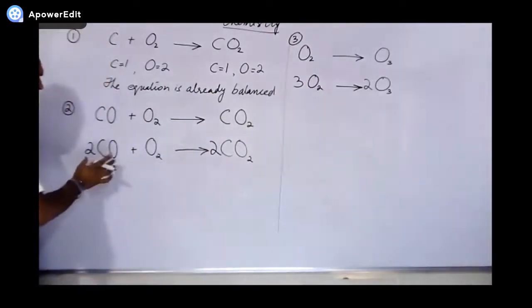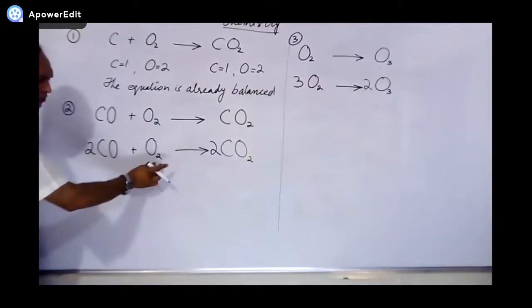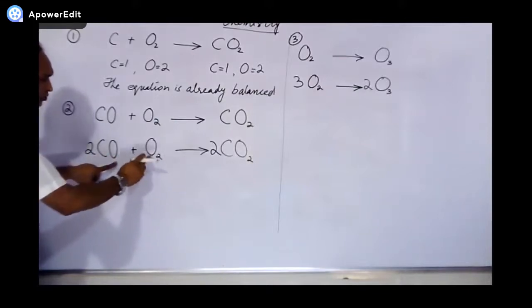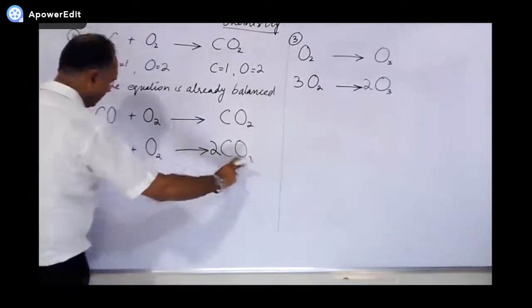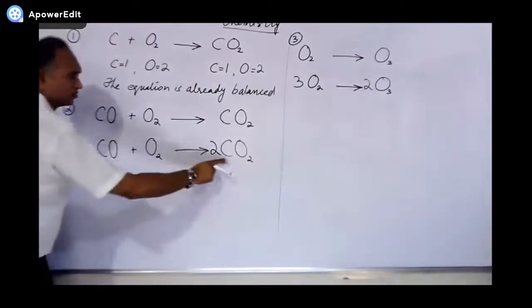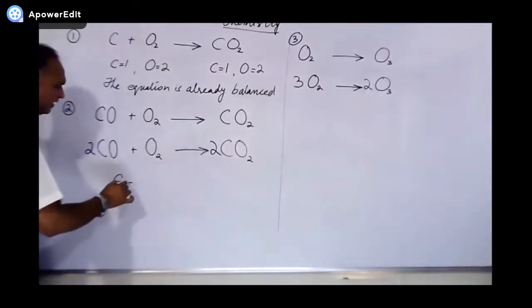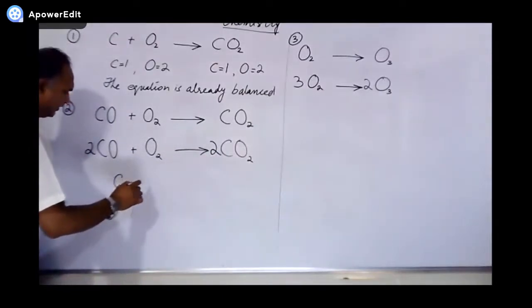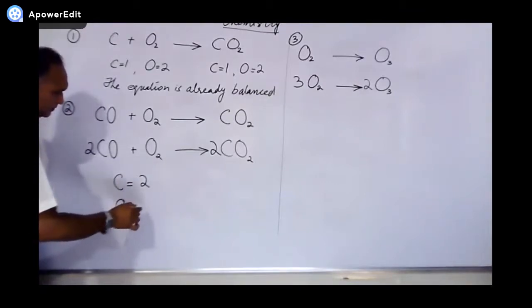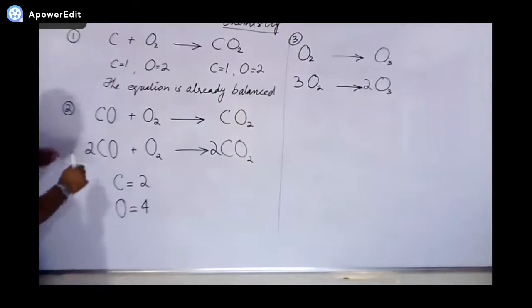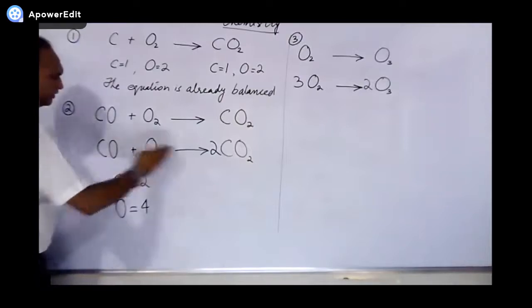Or you can do it by another method, as I told you. How many oxygens? 2 plus 2. 2 oxygens, 2 oxygens. How many? 4. 2 times 2 is 4. How many carbons? 2 carbons, 2 carbons. This one is a little bit different. I repeat, it was like this. Look at the board.